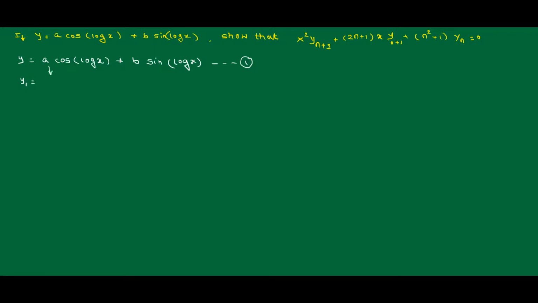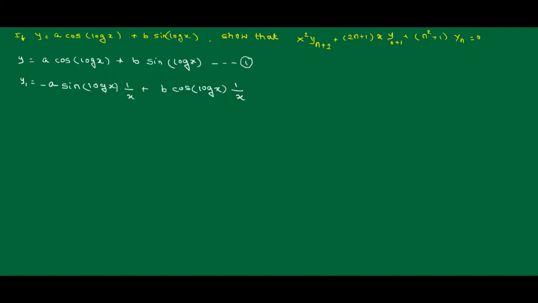Then this a is constant. What is differentiation of this cosine term? Differentiation of cosine term is minus sine and then log x as it is. And then differentiation of this log x is equal to 1 by x plus, next this b as it is. Differentiation of this sine term is equal to cos term, that is cos into bracket log x, and differentiation of this log x is equal to 1 by x.